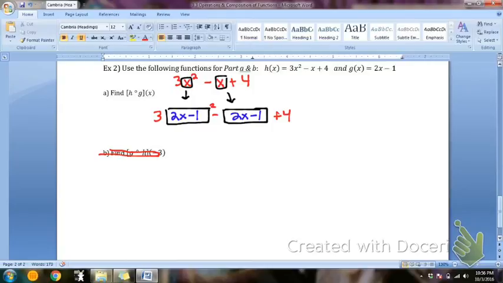So we have 3 times 2x minus 1 squared minus 2x minus 1 plus 4. So if I wanted to rewrite this without parentheses, or without the box, it would look like this.